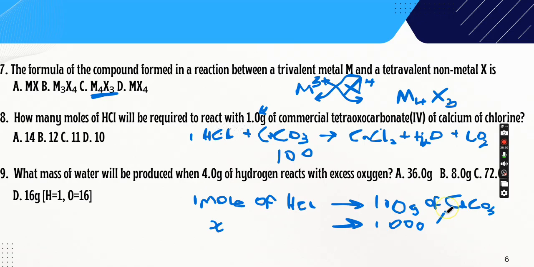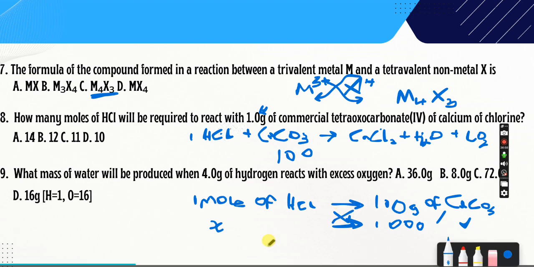Of calcium trioxocarbonate. So on cross multiplying, you are going to have your X equals 1000 multiplied by 1, everything divided by 100. Okay, let's try to clean this side.